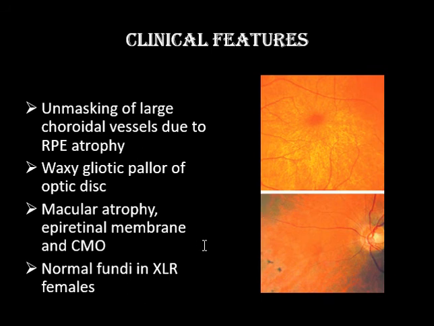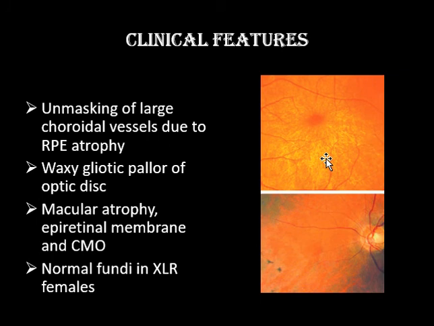The X-linked recessive females are actually carriers. They do not show the full-blown picture. Here you see a tapetal reflex, a glistening reflex, in females who are X-linked recessive. You do not see the full-blown picture here.